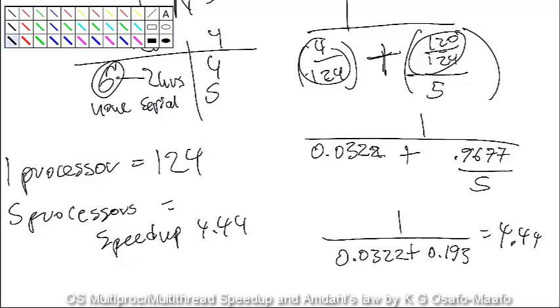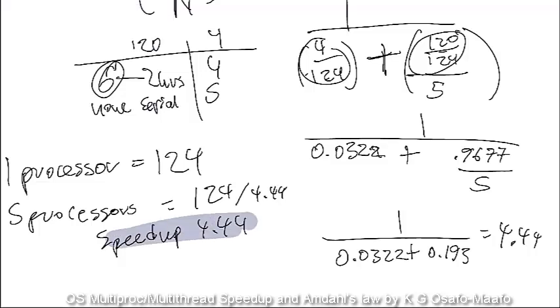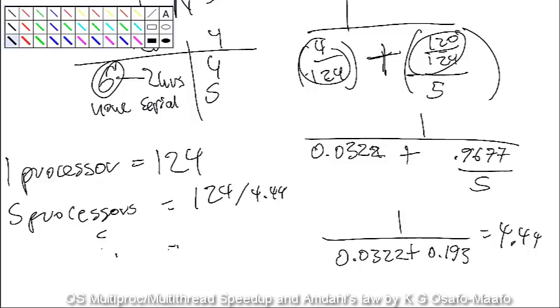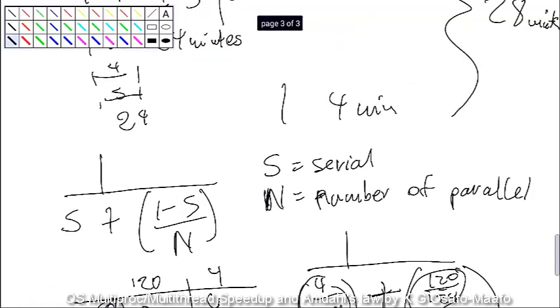So the amount of time it will take, factoring in speed up, will be 124 divided by 4.44, so that we can get the actual time it takes. That is 27.92 minutes, right?